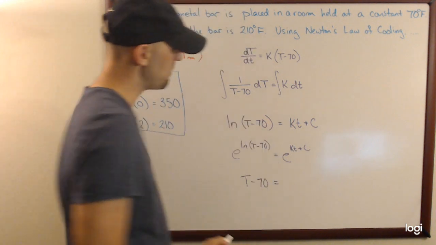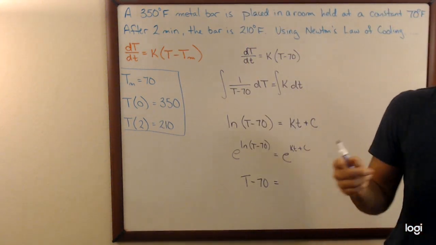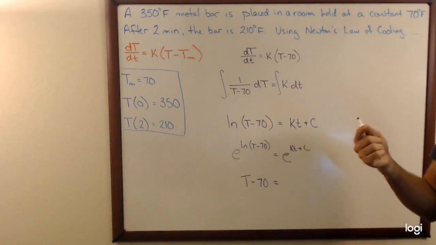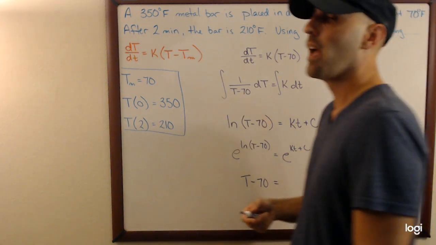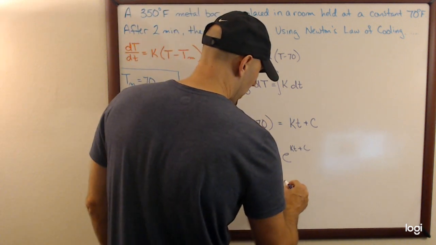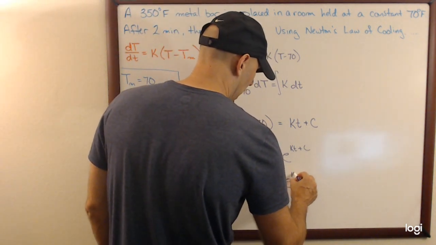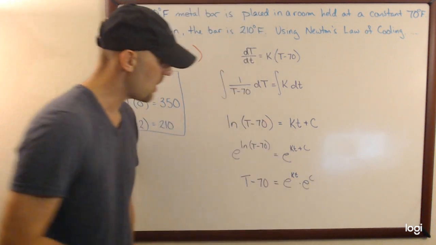Okay. Some interesting simplification on the right-hand side. Remember that same exponential trick we used for the previous problem, right? I've got a sum of exponents here. And if I wanted to, I can rewrite that as a product of bases. So that gives me e to the kt times e to the c. Now, why did I want to do this?